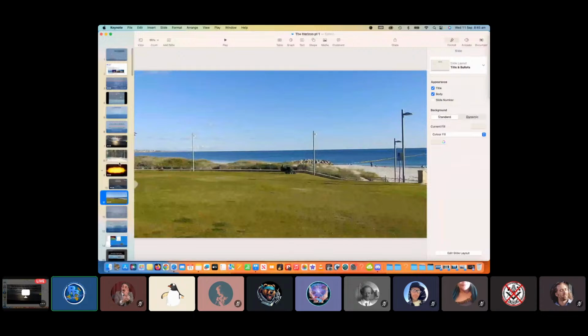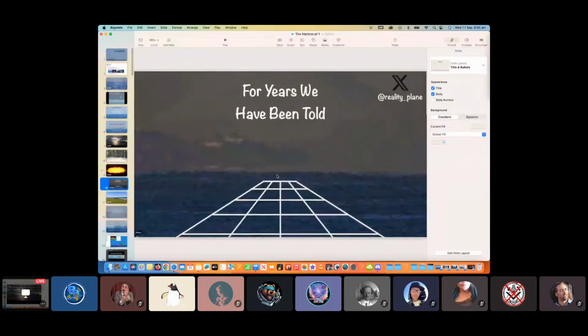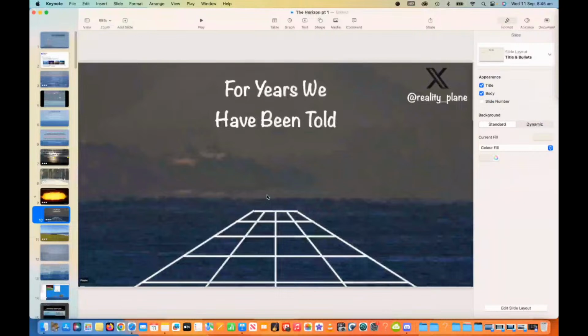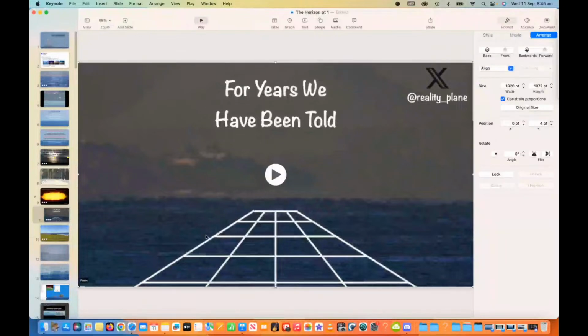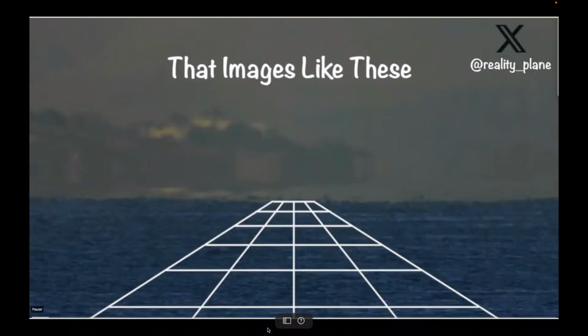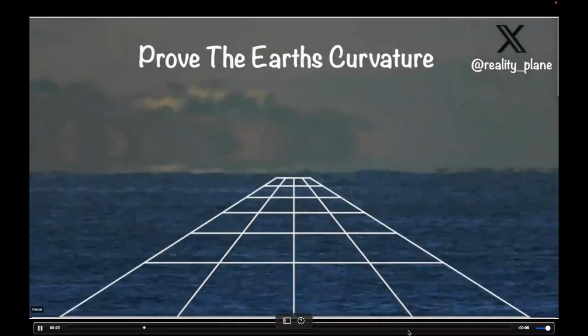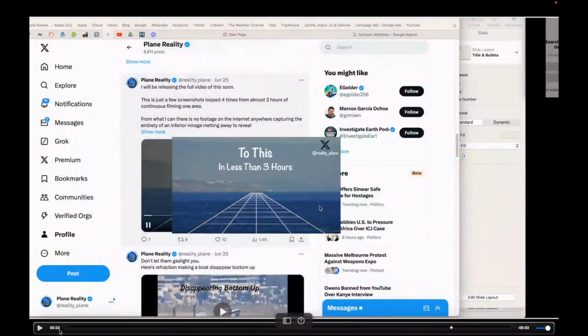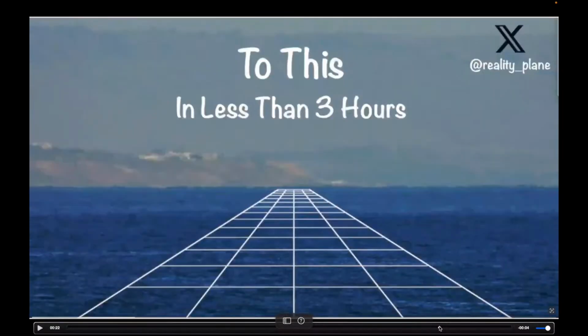Now, because the horizon is getting further away, it's getting closer to that land. If I go up here, maybe I can pause it over here. Okay, pause it there.